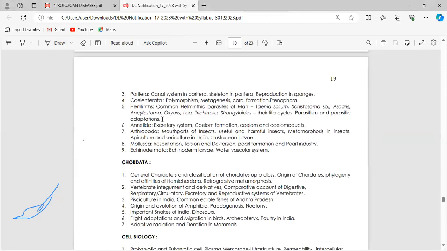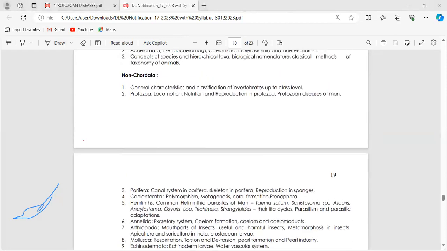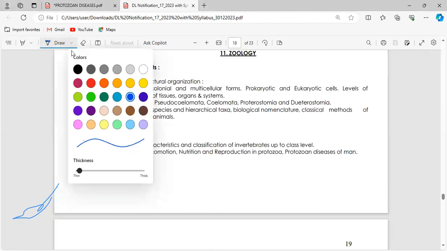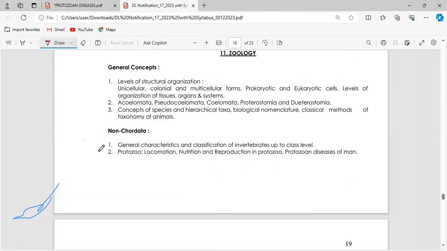Tomorrow we'll finish this protozoa topic. We have completed general characters and characteristics, locomotion, nutrition, and reproduction in protozoa. In tomorrow's class, I'm going to complete the protozoan diseases of man.